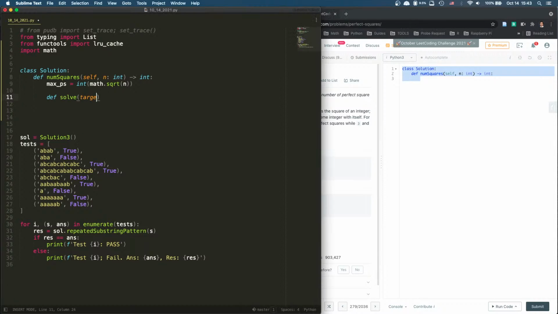So we're gonna have target, and then the max perfect square. Oh, passing a different max perfect square. So the max that we can take. Oh, that's not max perfect square. Max. It's a max square root actually.